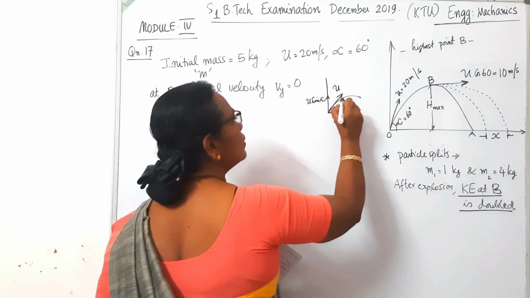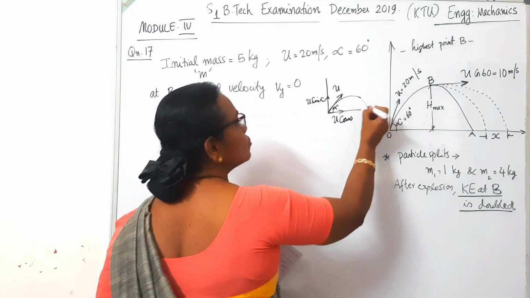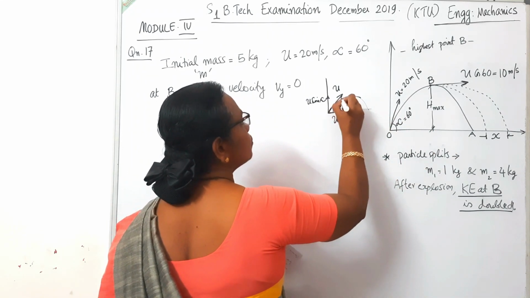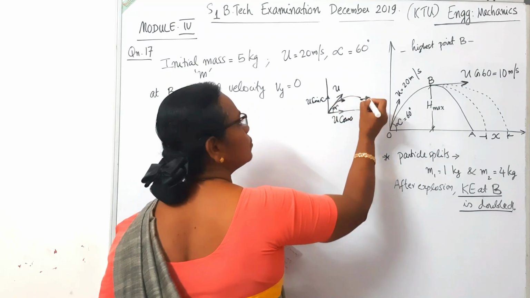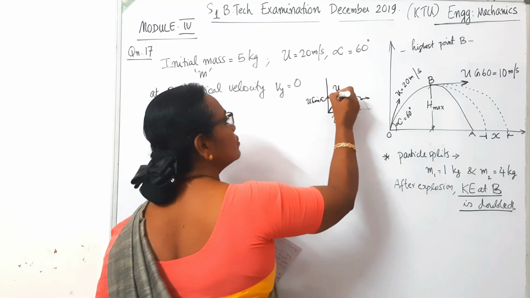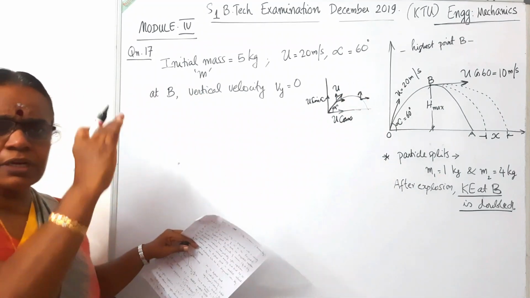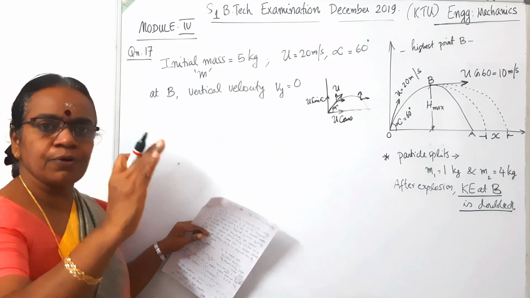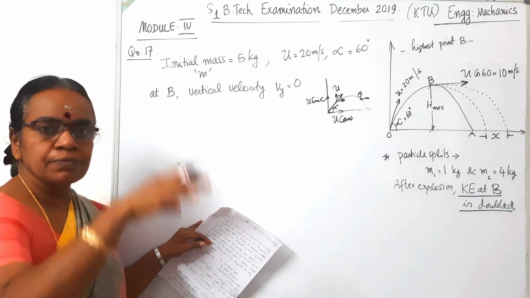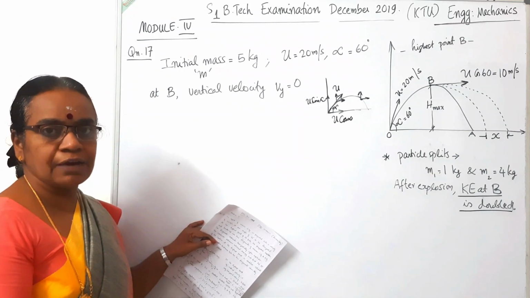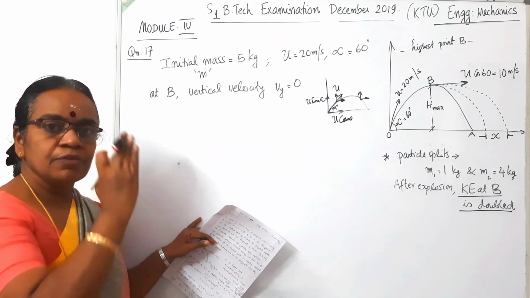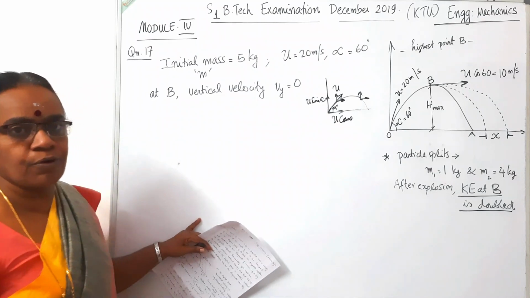This U cos alpha will remain same throughout the motion. So if you take any point here, it will be U cos alpha. But the vertical velocity at each point will change, because of acceleration due to gravity. Due to the effect of gravity, vertical component of velocity changes from point to point.